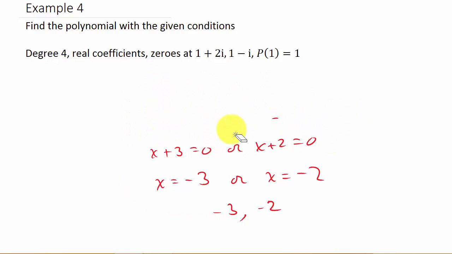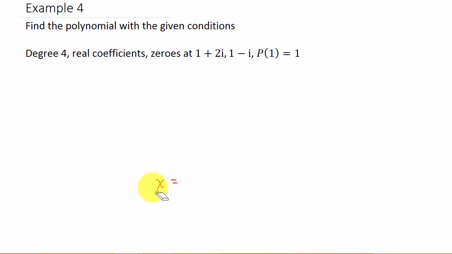All right. So let's look at this. It's a 4th degree polynomial. We have zeros at 1 plus 2i and 1 minus i. Now remember, if 1 plus 2i is a solution, then 1 minus 2i is also a solution.